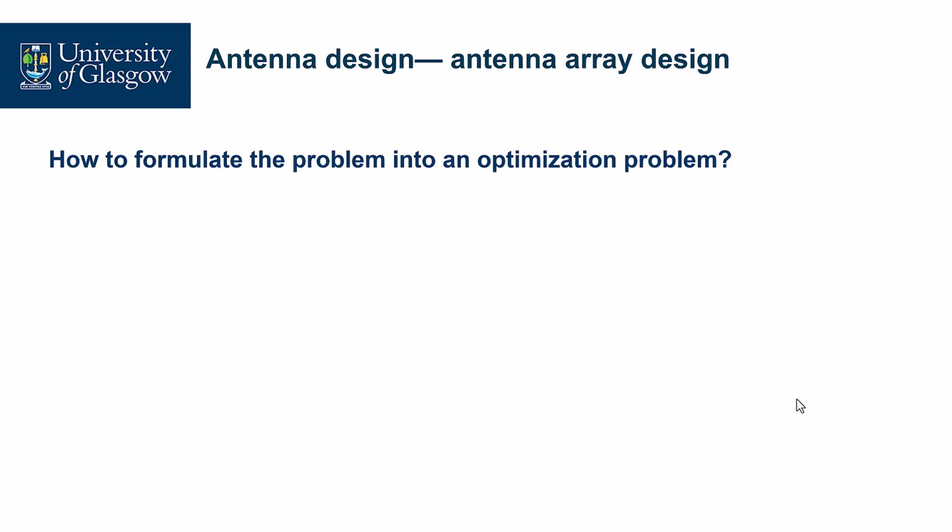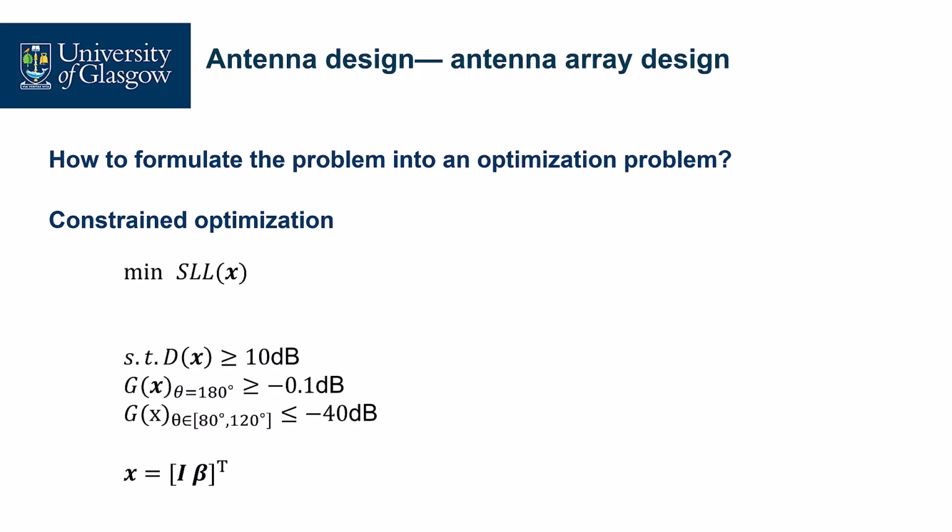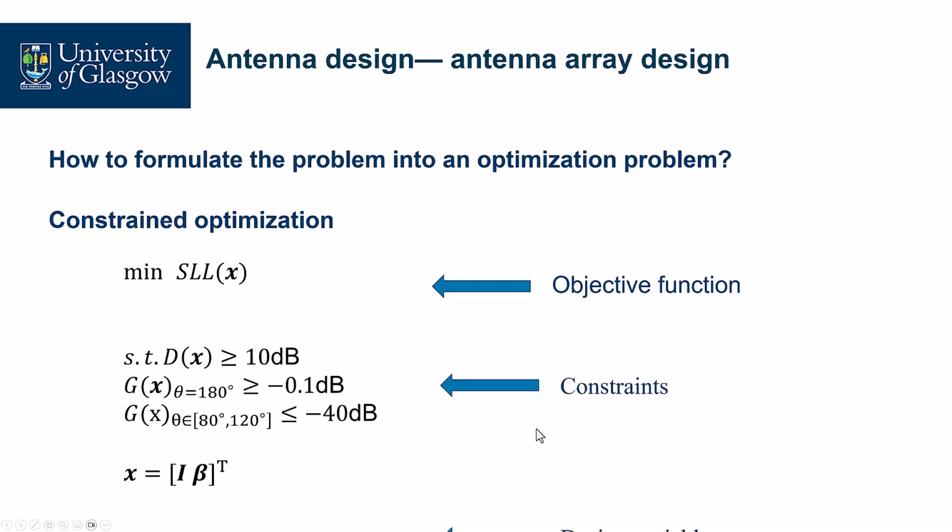And for the directivity and the gain at 180 degrees and at 80 to 120 degrees, those are the constraints, so we meet the specifications, that is okay. The design variables are the amplitude and the phase, right? So we can formulate the problem like this. We can see the constrained optimization problem. The SLL is the objective function, f(x), and the h(x), g(x) are the constraints, and the design variables are x, right? So this is the first case, antenna array design.